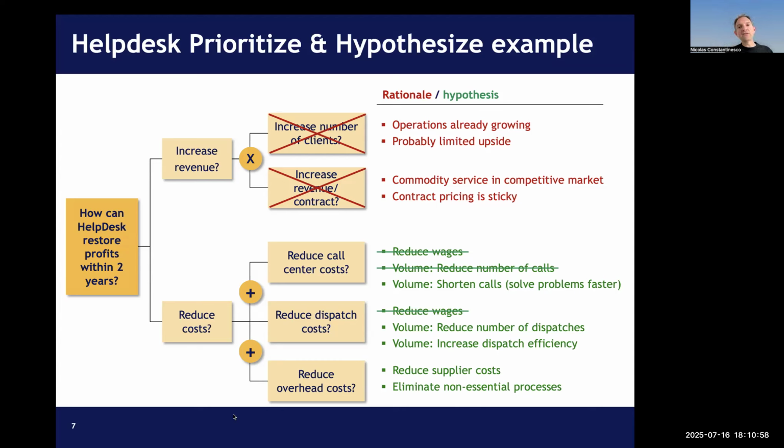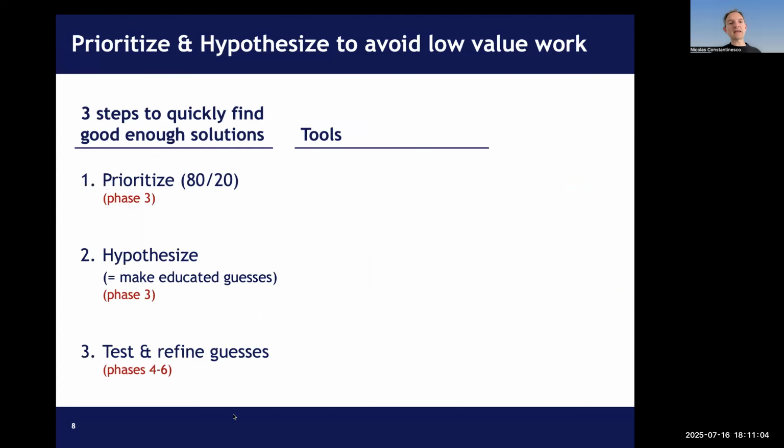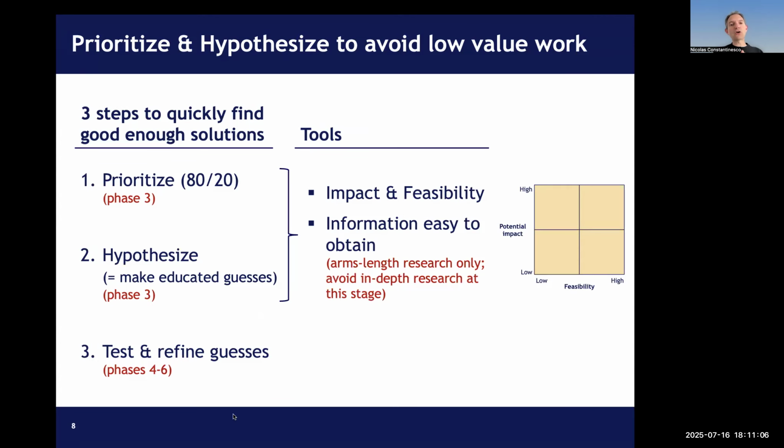And the two keys to prioritizing and hypothesizing are basically to invoke the notion of impact and feasibility. So when you're prioritizing, think again, which areas are we likely to have meaningful impact in that is also feasible for the company to somehow do something about?